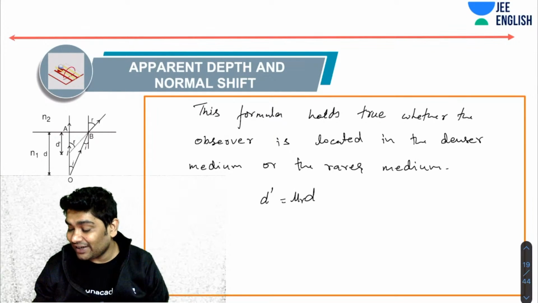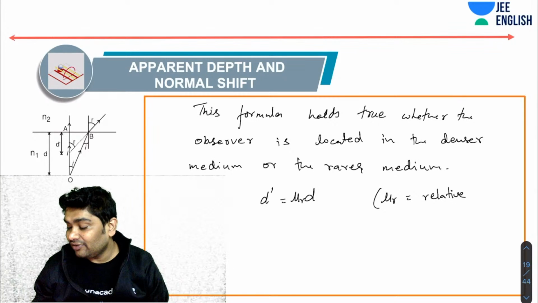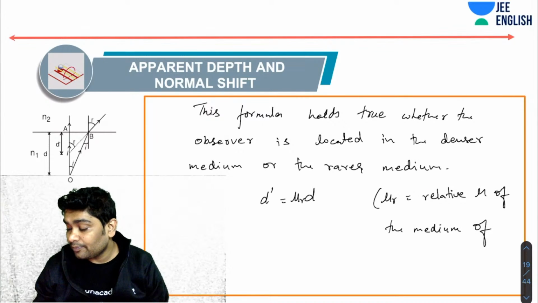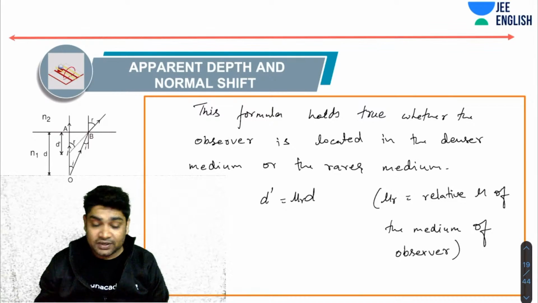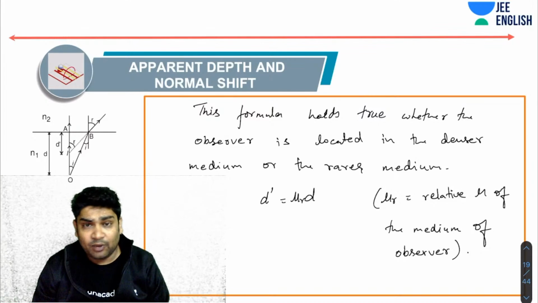So this is what I can say: the mu r is the relative refractive index of the observer. Please remember that. All right, I hope that is clear.